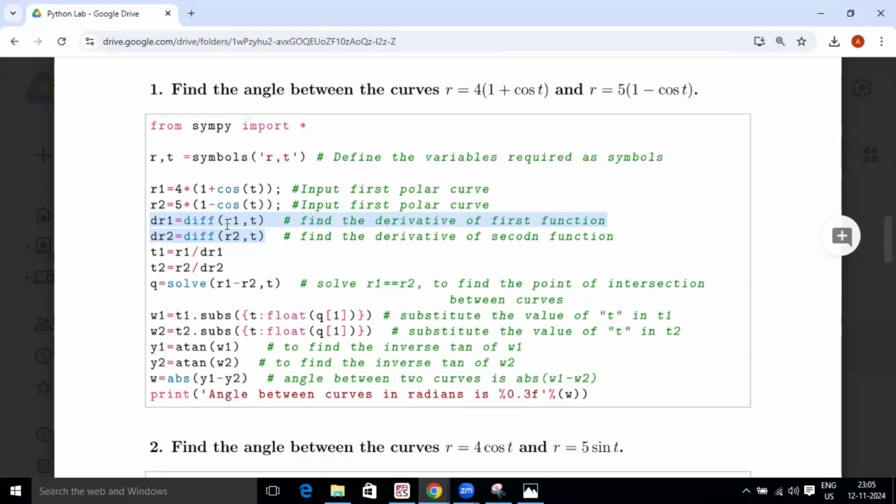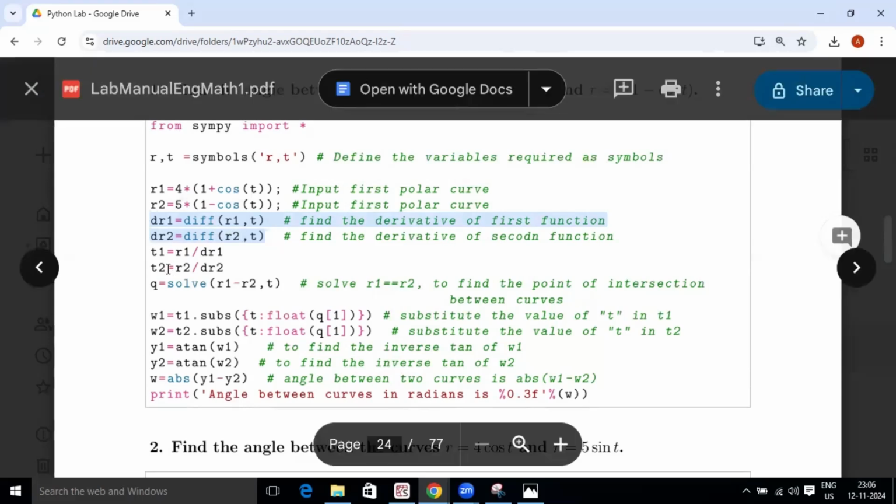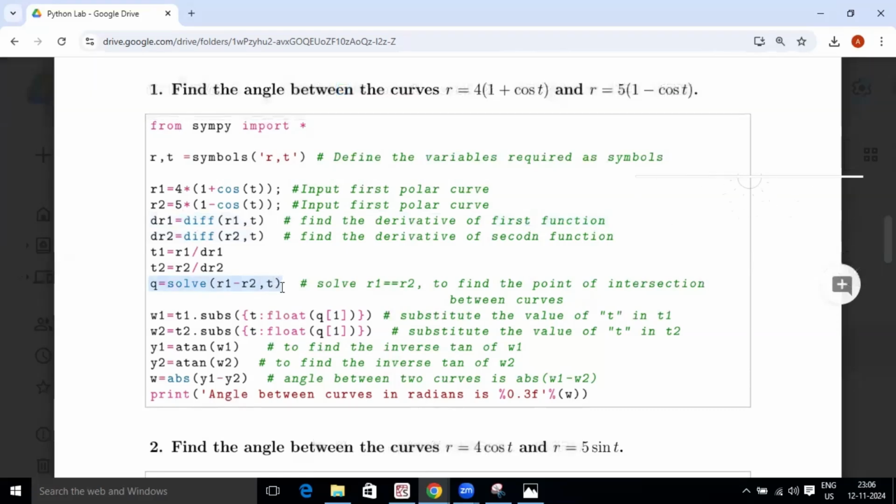These derivatives will be used to find the slopes of the tangent lines to the curves. Then, finding points of intersection, the solve function is used to find the values of t where the two curves intersect.